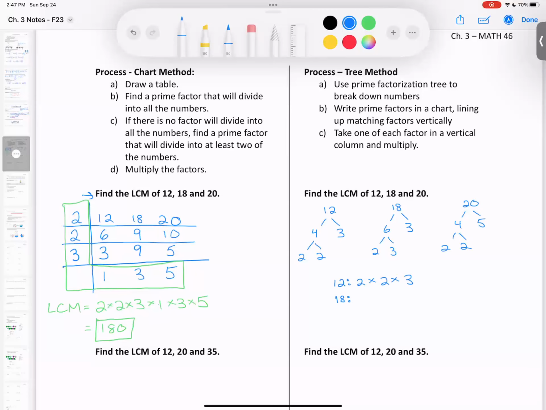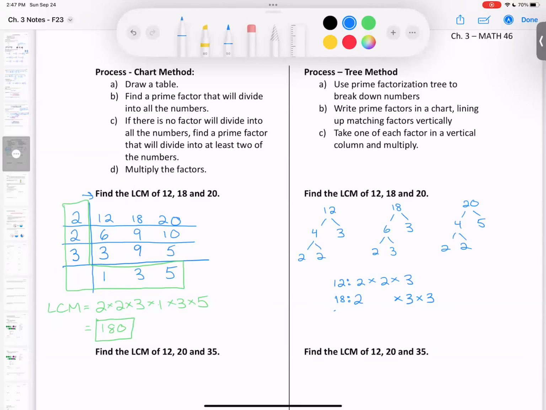So if I have a column that already has a 2, like I do here, I'm going to put it underneath one of the first 2's. So I've got a 2, so it goes there. Then I've got a 3, and I have a column of 3, so I'm going to put my second 3 there. You can put the multiplication in if you want. And then we've got another 3. We don't already have an extra 3 column, so I'm going to make myself another column there.